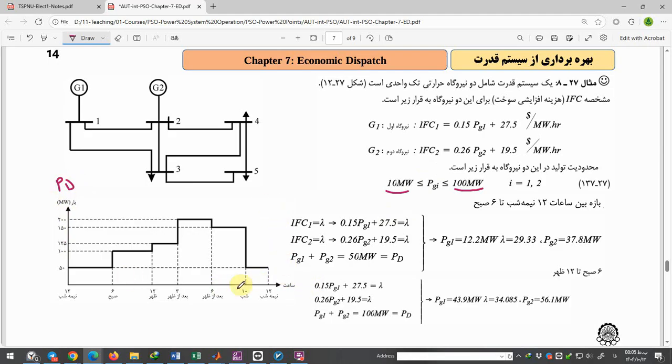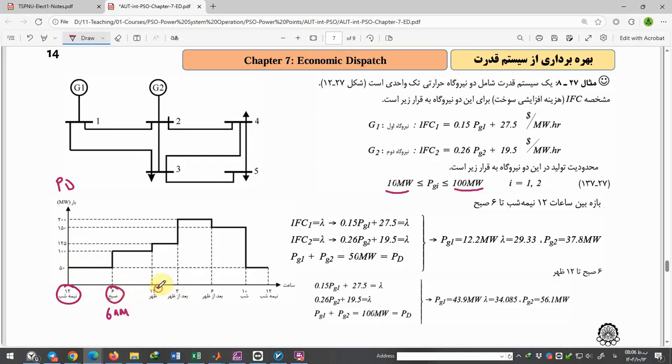It is almost the real case. From midnight to 6 a.m. we have 50 megawatts.